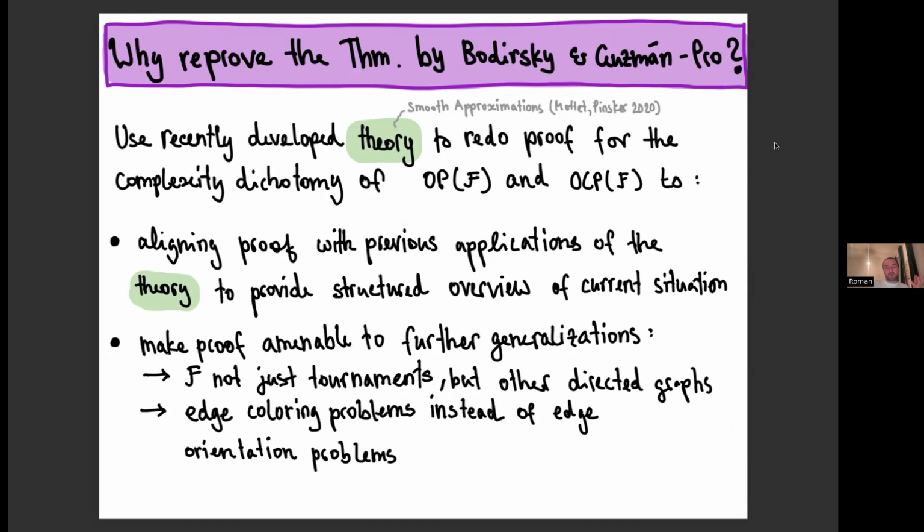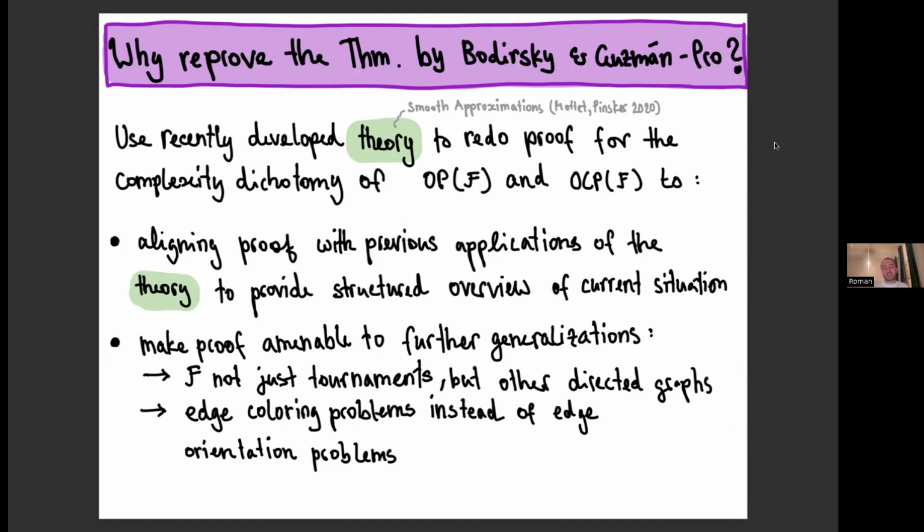Another benefit of using the smooth approximations for this graph orientation problem is that this provides a very structured view on the matter. So if in the future you would want to generalize this graph orientation problem, then hopefully such generalizations won't be as difficult as previously, if you only have this ad hoc reduction.